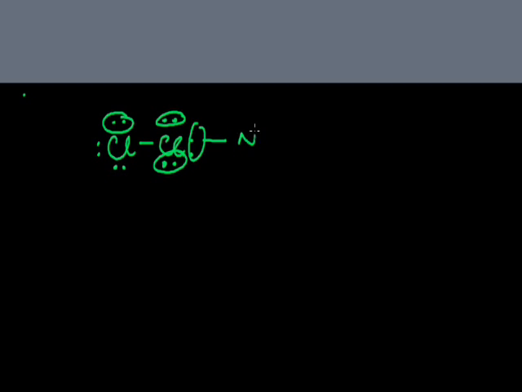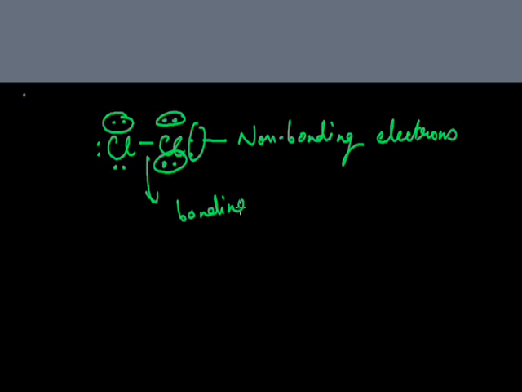And the rest of the electrons which are present on chlorine, those which were not taking participation in this bond formation, are termed as the lone pair of electrons or the non-bonding electrons. The electrons taking participation are the bonding electrons.